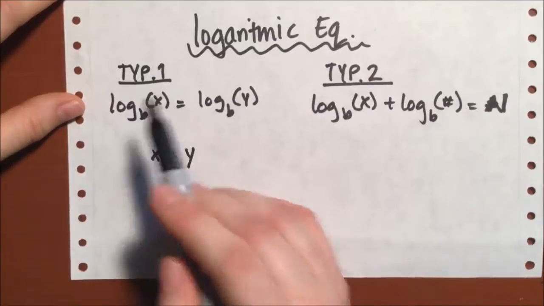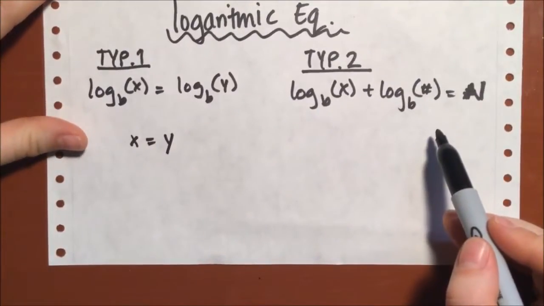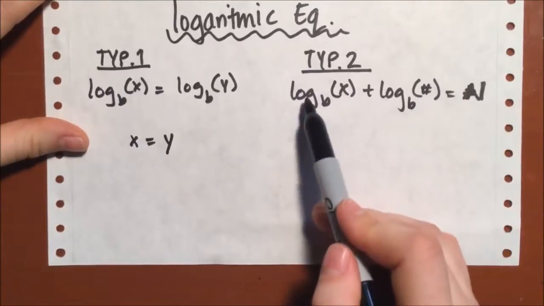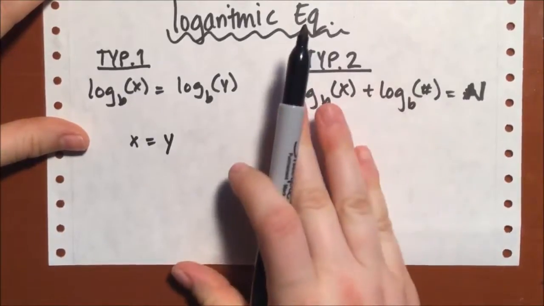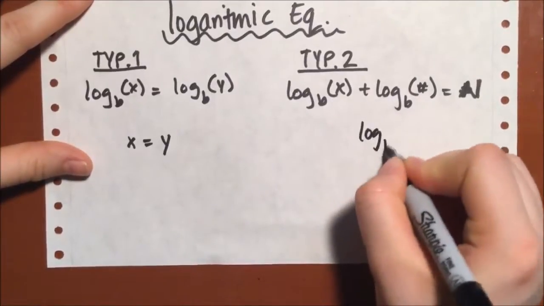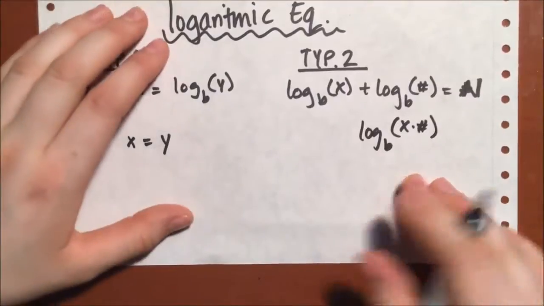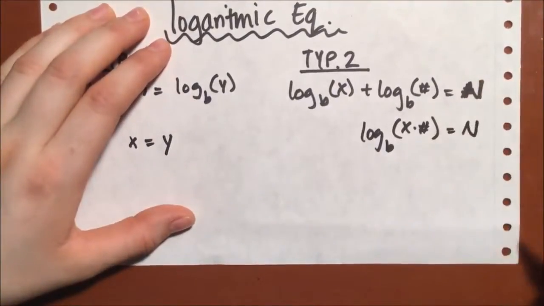This is just between a log and another log. Since we have this number hanging out, for the type 2, what we're going to do is we condense the logs to one side of the equation and the numbers to the other side. Okay, so I'd have log base b of x times the number, whatever this other argument is, equal to n.